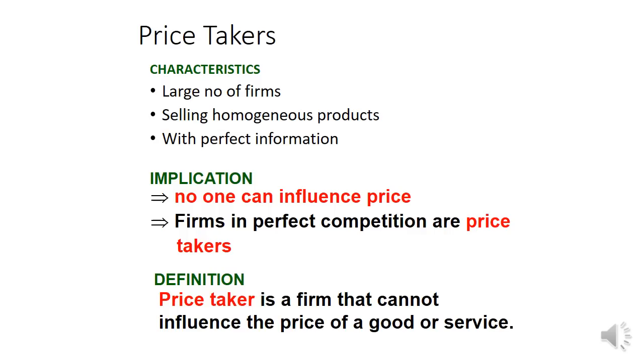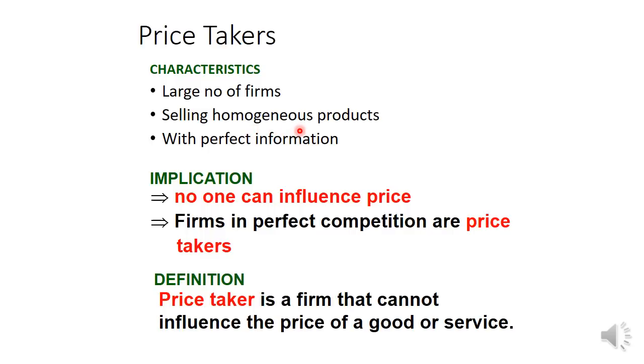Now, what are perfect competition characteristics? There's a large number of firms, many firms selling homogeneous products. Now, why don't we say they sell the same product? Homogeneous means it's so alike that the consumer cannot tell the difference. To the consumer it's exactly the same thing, so different sellers are selling the exact same thing.